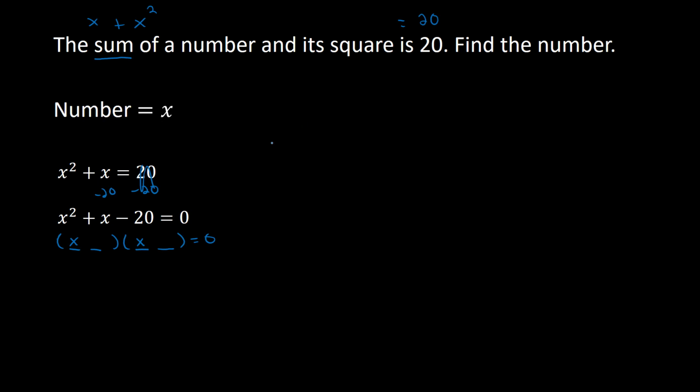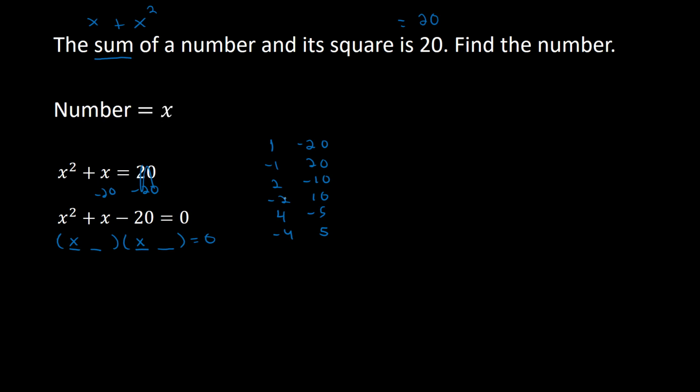Well, it could be a 1 and a negative 20. It could be a negative 1, positive 20. It could be 2 and a negative 10. Negative 2 times a positive 10. And then 4 times a negative 5, or negative 4 times a positive 5. Now the question is, which pair of numbers do we want to use?